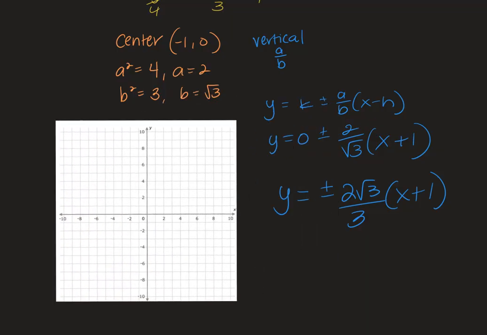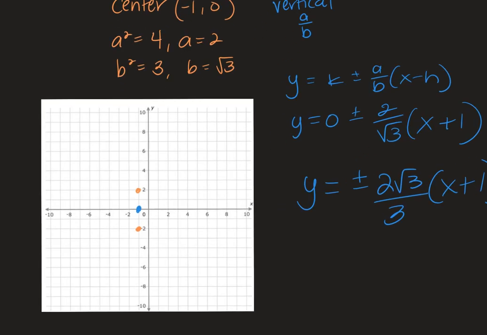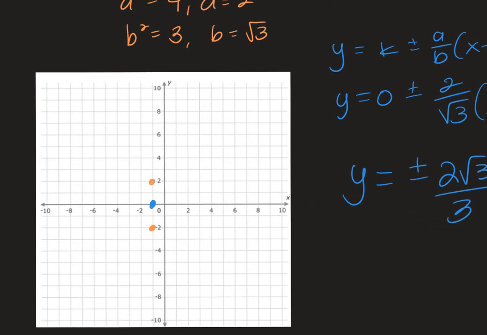So I'm going to plot -1, 0 for my center. I'm going to go up and down a, which is 2, which would have been my vertices had it asked for it. They would have been at -1, 2, and -1, -2. I'm going to go right and left square root 3. So square root 3 is like a 1.7.